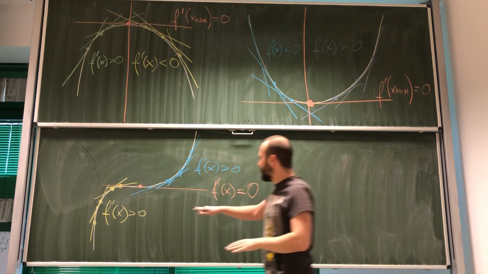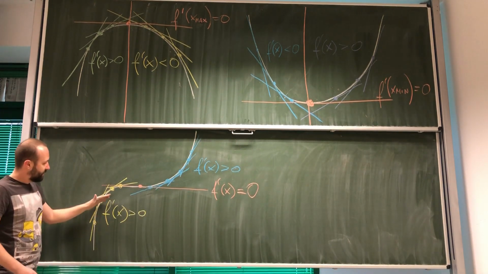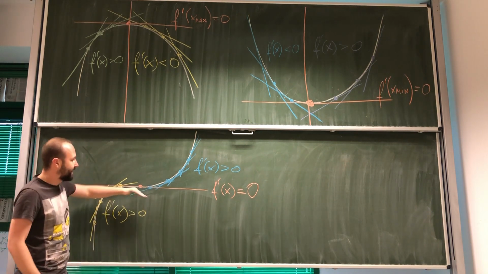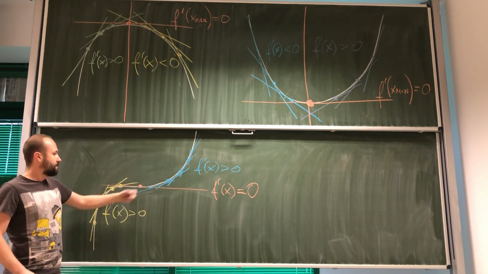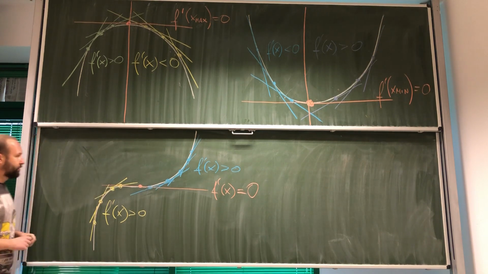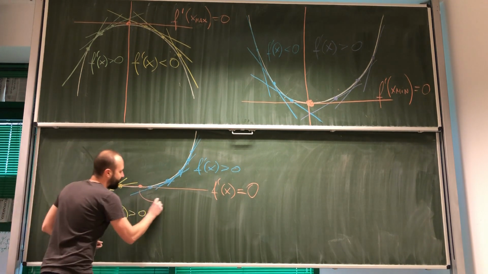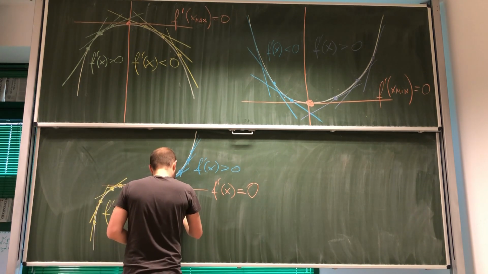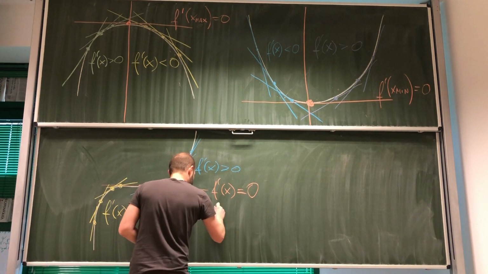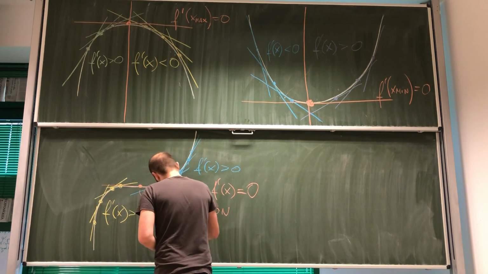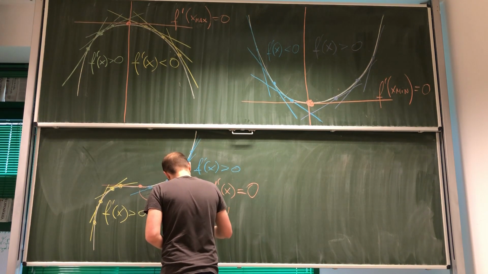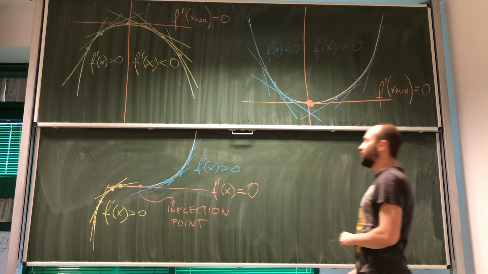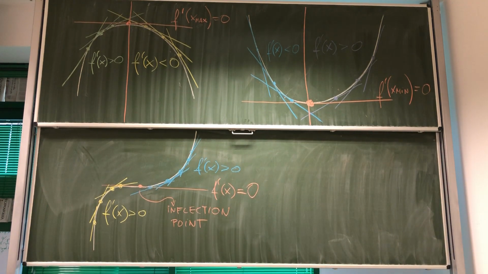But look, if the derivative is remaining the same sign on both sides of 0, this point is not a maximum, it's not a minimum. This type of point we're going to call an inflection point.